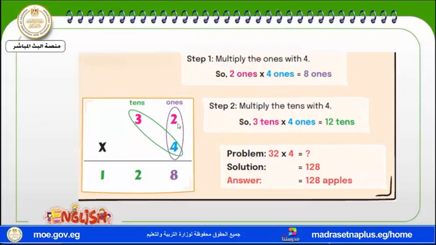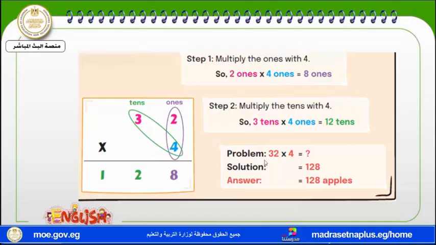2 multiplied by 4 gives 8. We have 2 ones and 4, so we have 8. Next, we are going to multiply the tens with 4. The tens, which is 3 or 30, with 4. 30 multiplied by 4 gives us 120.